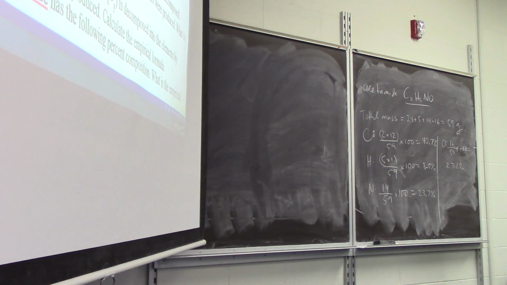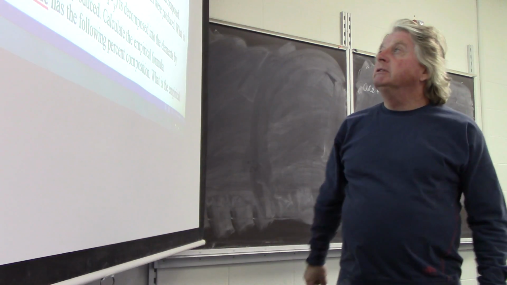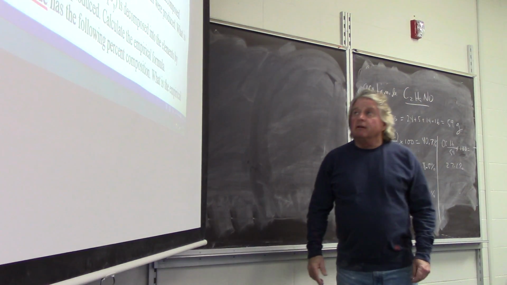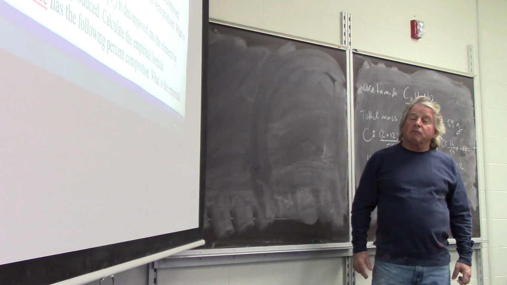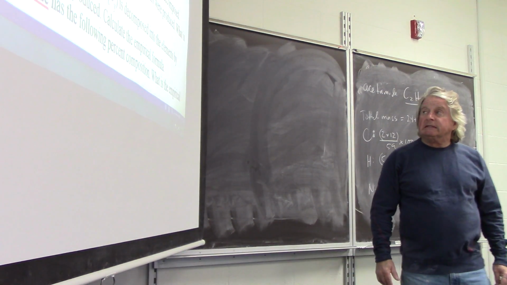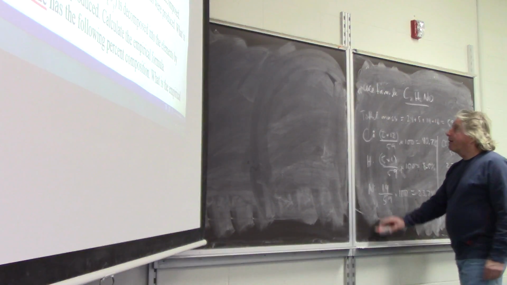All right, number 14 says I have a 50.51 gram sample of phosphorus and chlorine. It's decomposed. The products end up giving me 11.39 grams of phosphorus. What is the empirical formula?